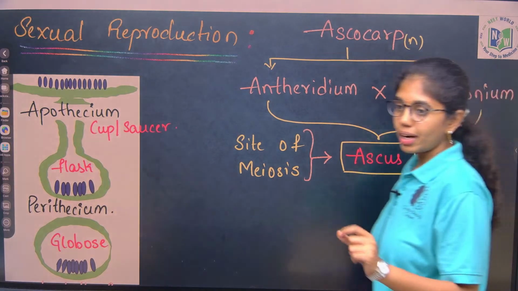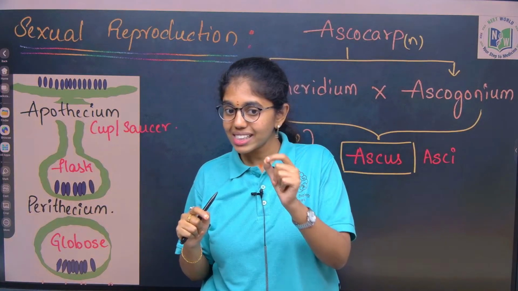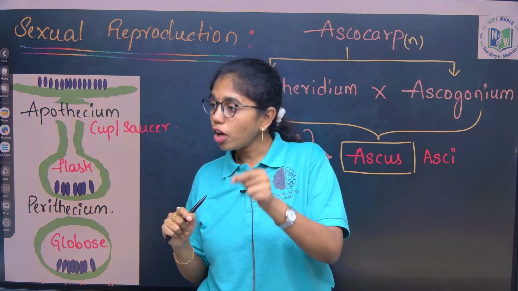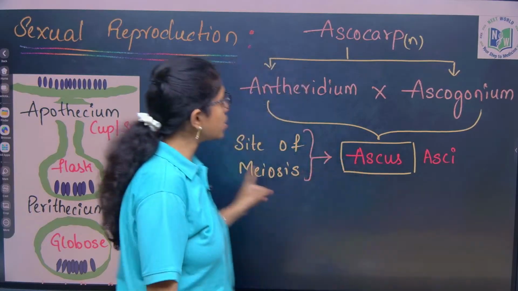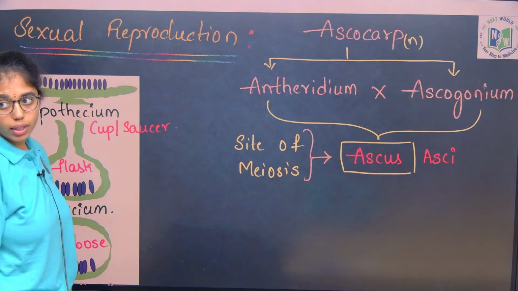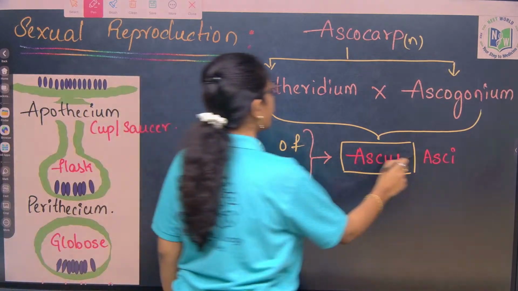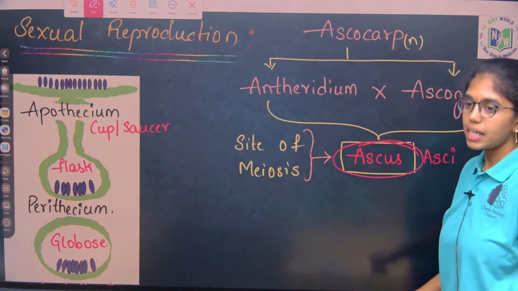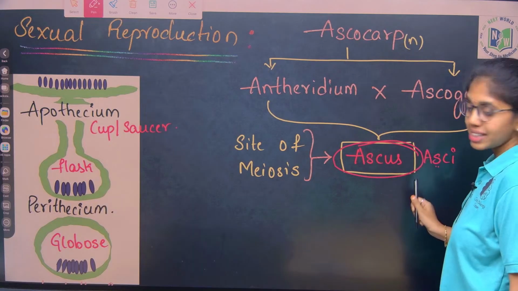Like oospore and zygospore in Phycomycetes, which I told you are the sites of meiosis, the site of meiosis should be diploid. Here, what is diploid in Ascomycetes? The ascus is diploid. The plural form is asci.